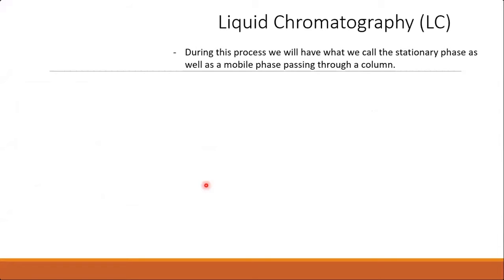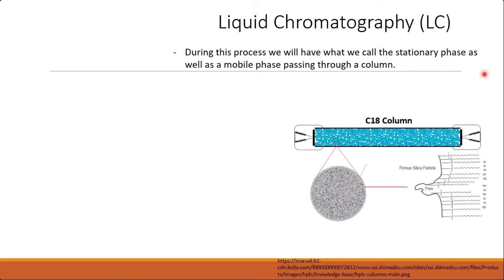Now I'm going to start talking about the actual technique we used. The first step here is what we call liquid chromatography. During this process, we will have something we call the stationary phase and the mobile phase, which will be passing through a column. This is an example of what we would see within the LC, which is this column filled with little beads.